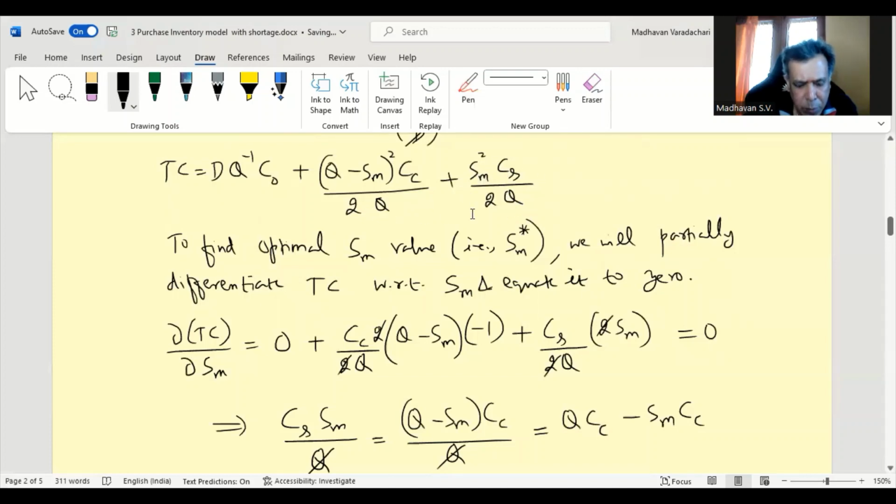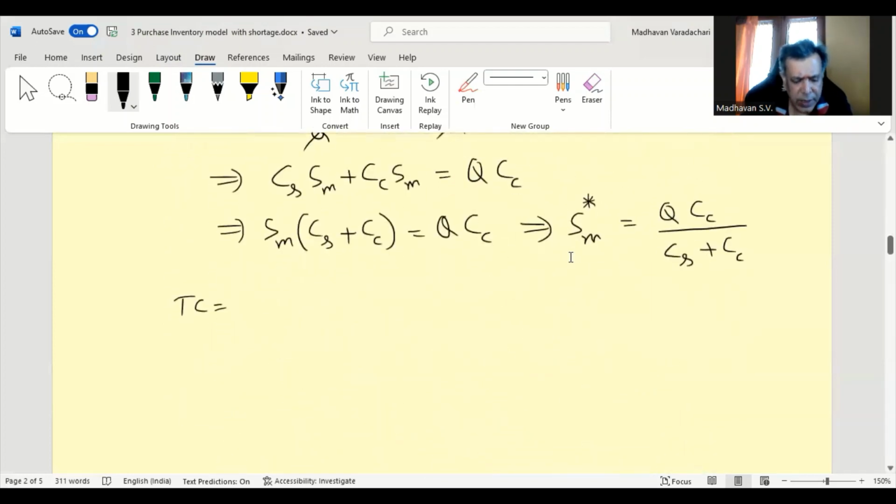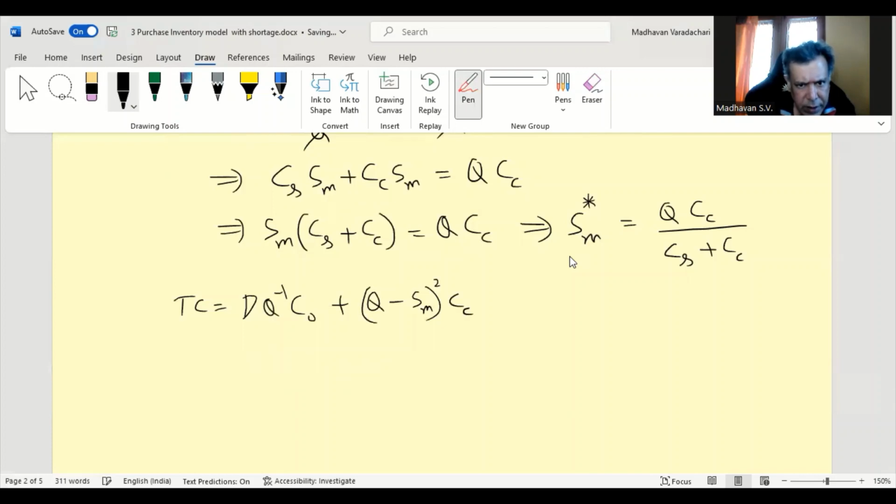This Q I will take to the numerator in both cases. The reason is I can differentiate it with respect to Q. So I will rewrite this TC as D times Q inverse Co plus, here I will retain Q, which is there in the denominator only, so that I can apply the u by v method for differentiating, Cc divided by 2 times Q minus Sm square, plus Sm square Cs divided by 2, and then there is a Q in the denominator which I will take to the numerator. It will become Q inverse.